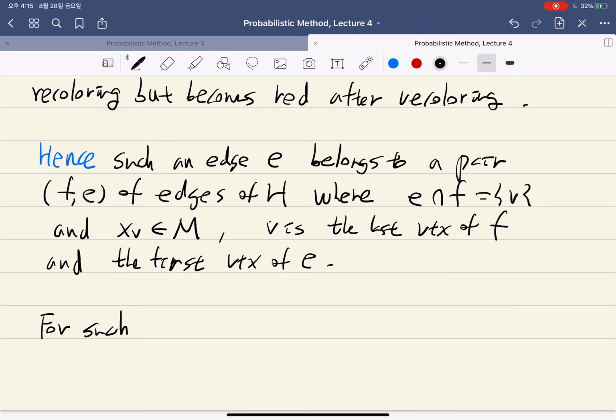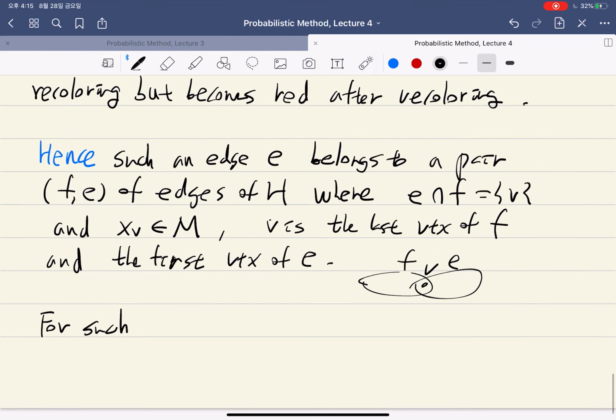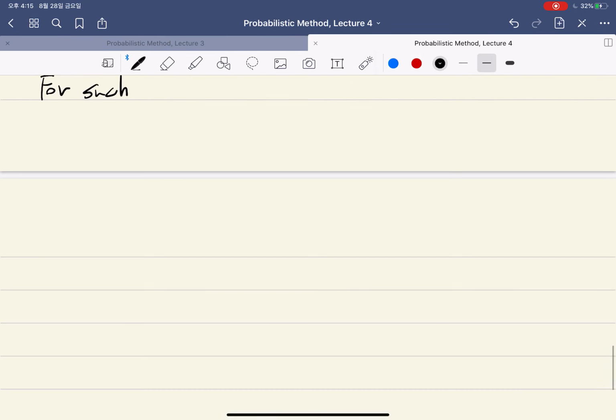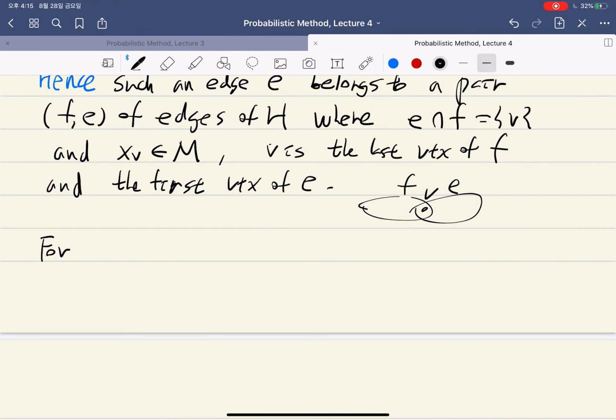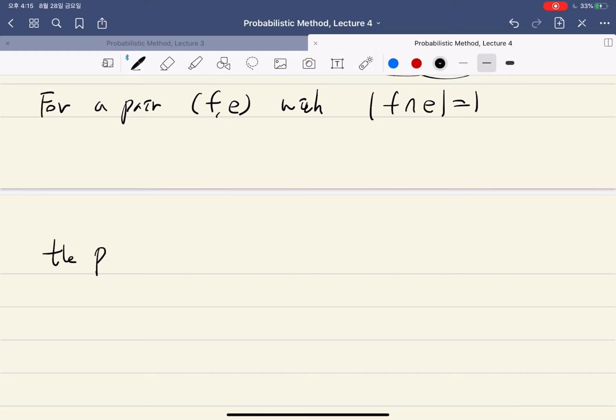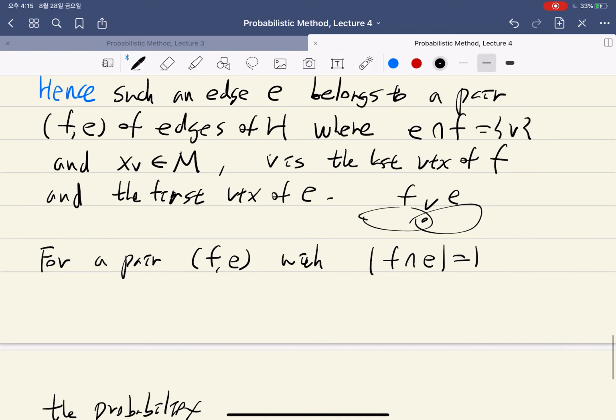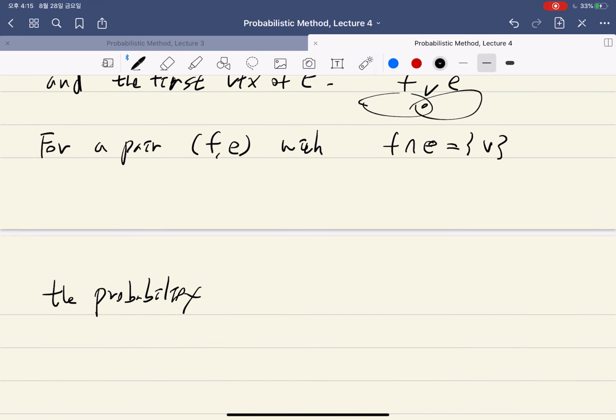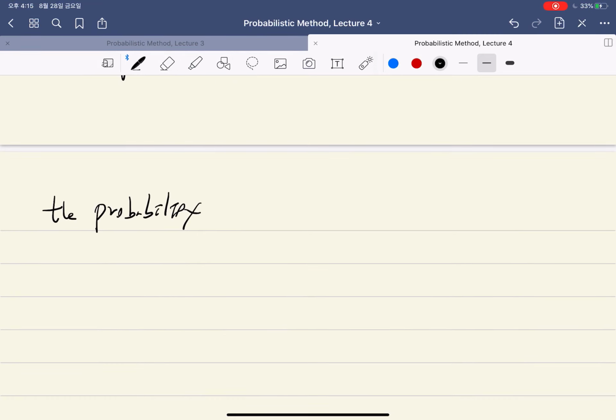So if we have two edges, F and E, which share one common vertex only, for a pair (F, E) whose intersection size is 1, let's write this: the intersection is just one vertex v. What's the probability that this happens?